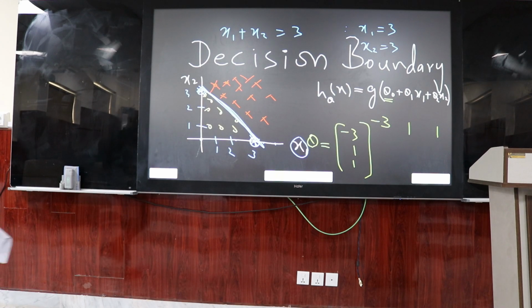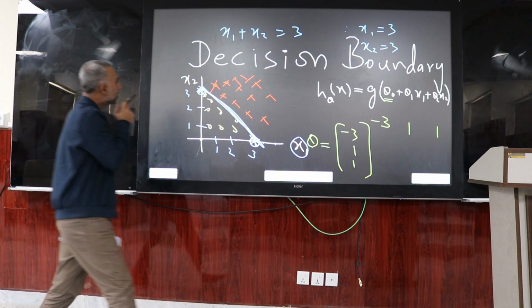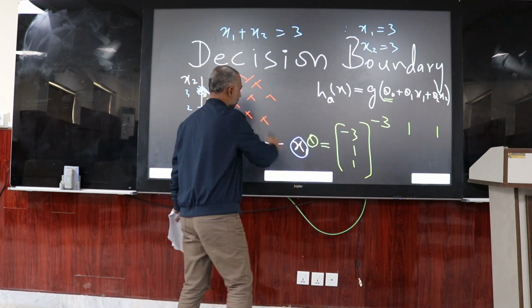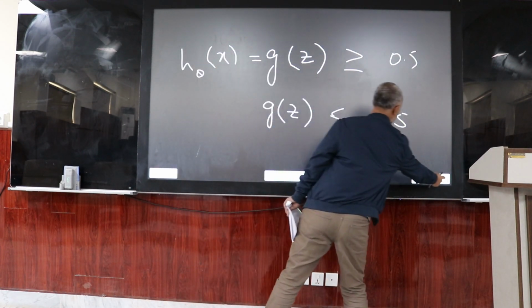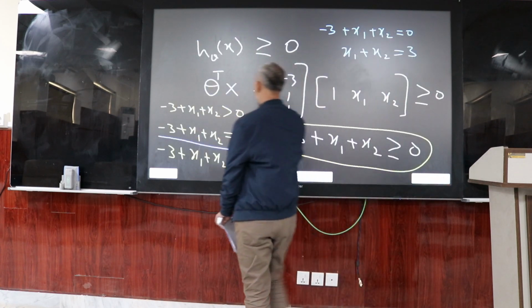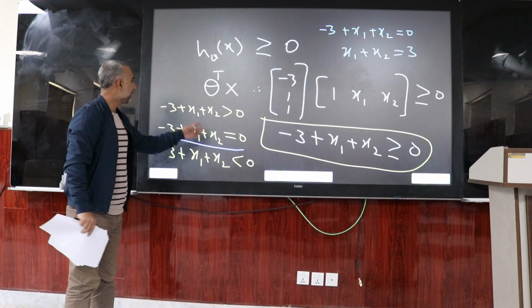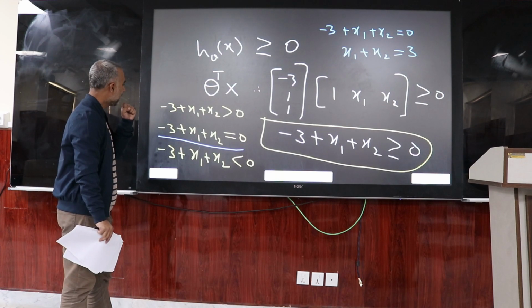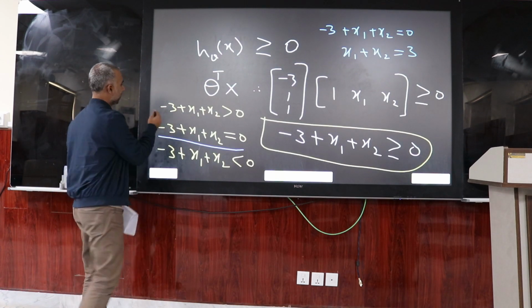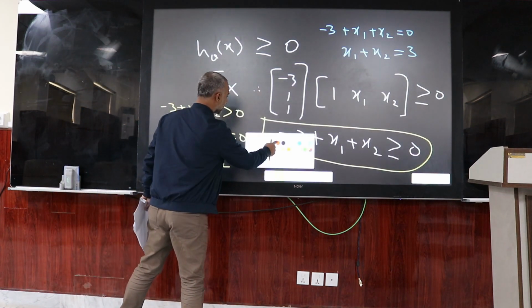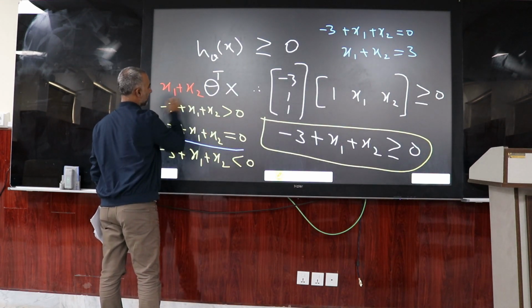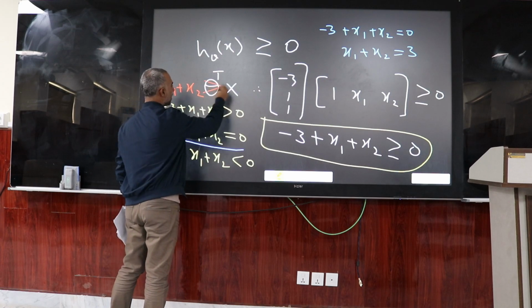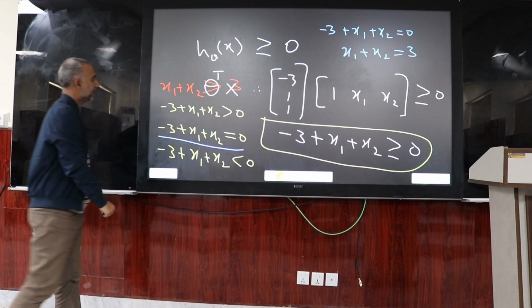Now we need to notice the case where it is greater than 0, that is, x1 plus x2 greater than 3.